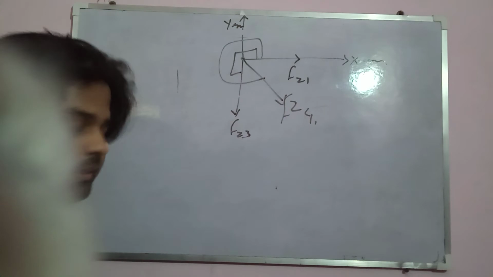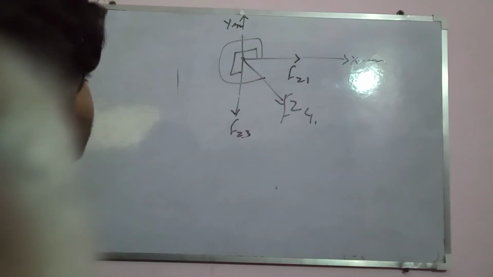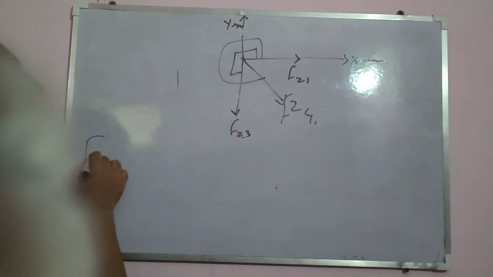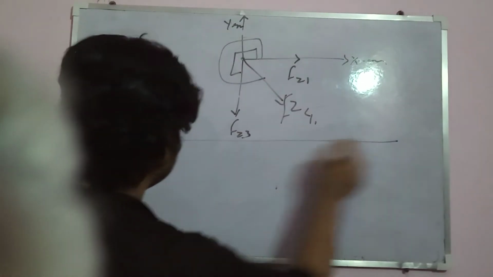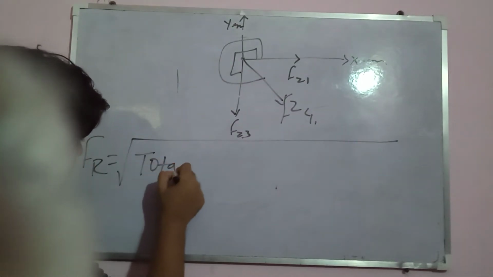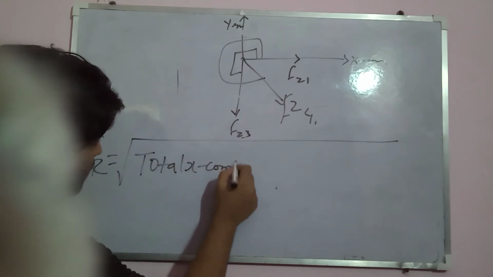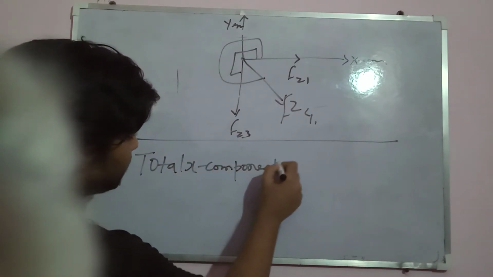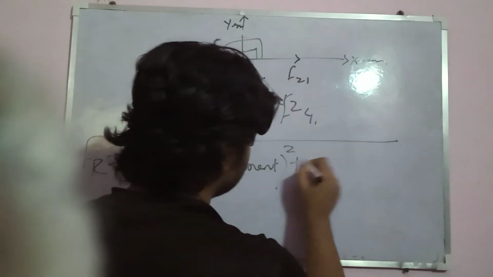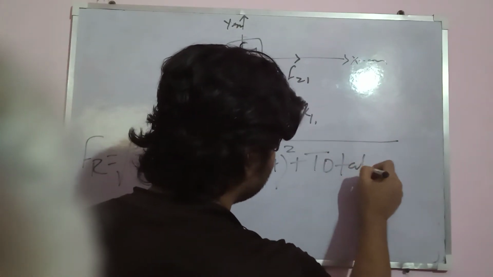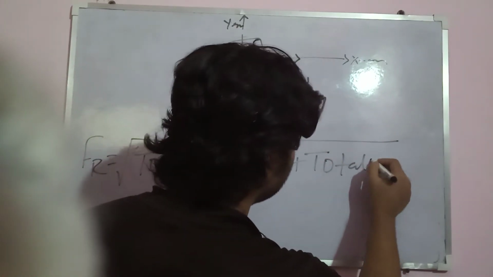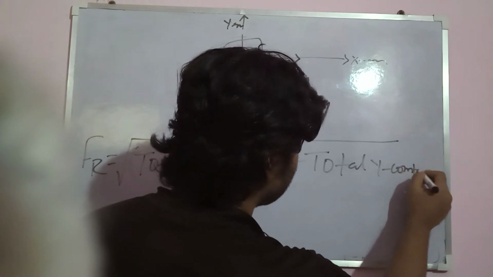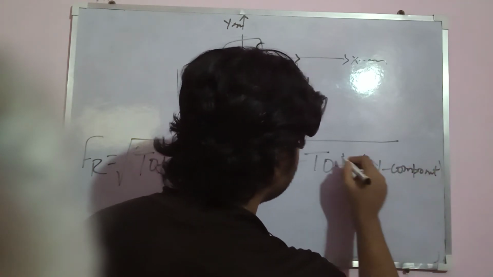The total resultant force over Q2, Fr, the resultant force, is the square root of the total x component square plus the total y component square.